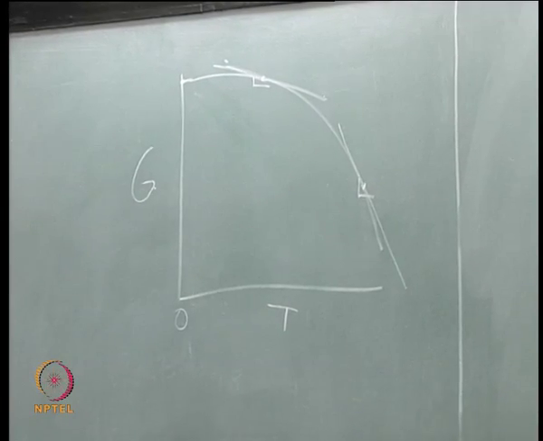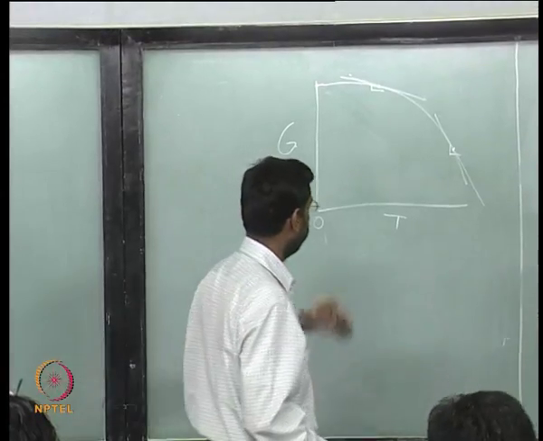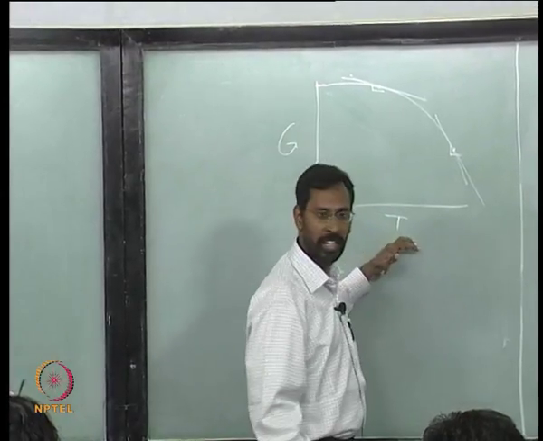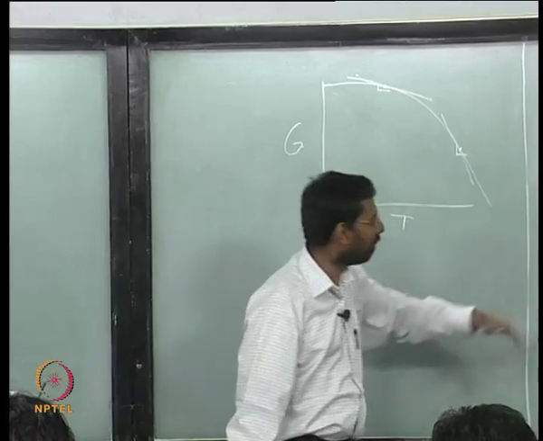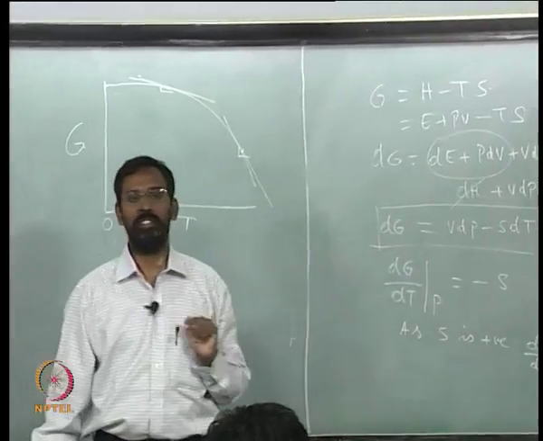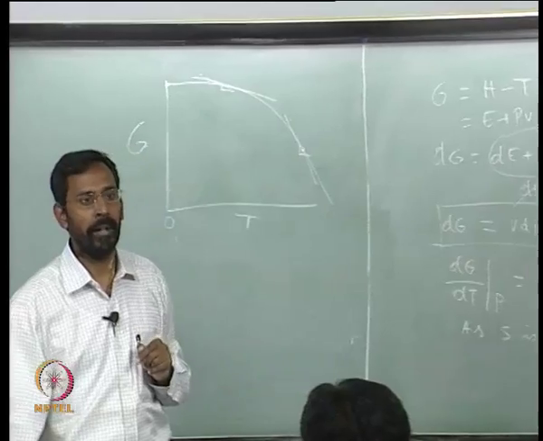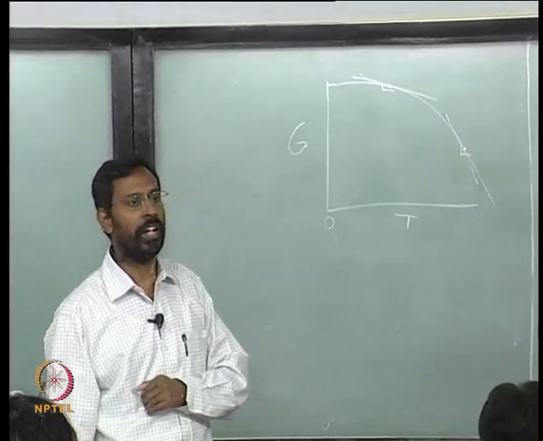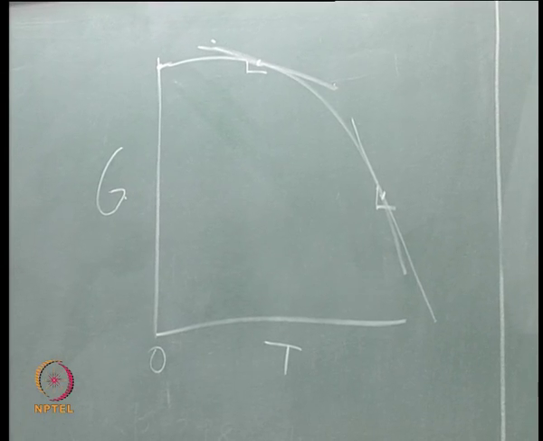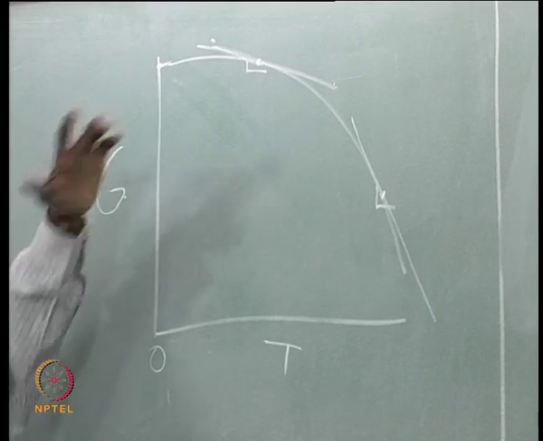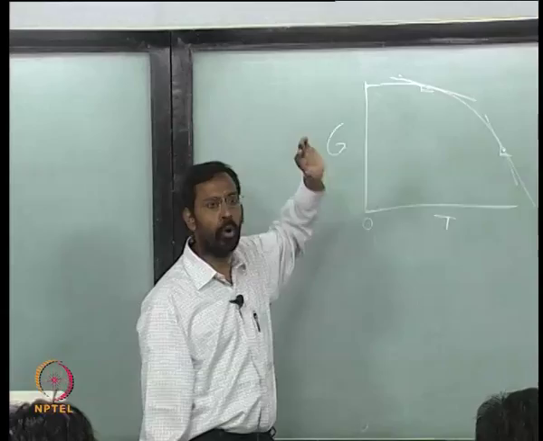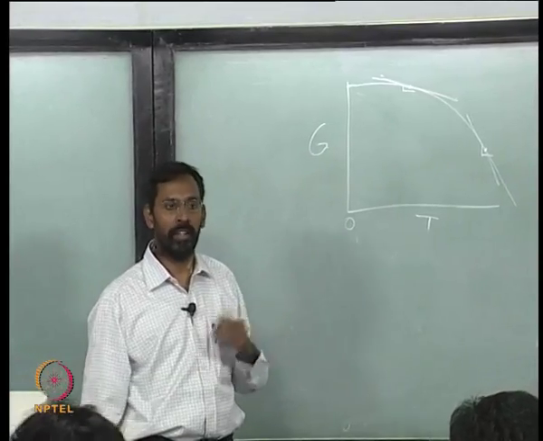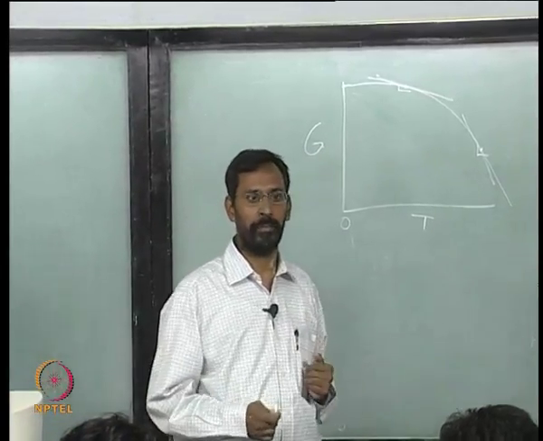So at any higher temperature, the slope of G versus T is going to be higher, and that is higher in a negative sense. Keep that in mind. Definitely the slope is negative along the whole curve. At all temperatures the slope is negative. At only one temperature the slope goes to 0, and at no other temperature is the slope either 0 or positive.